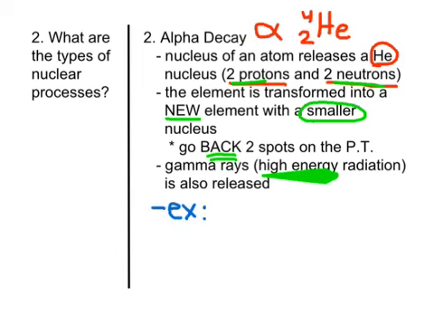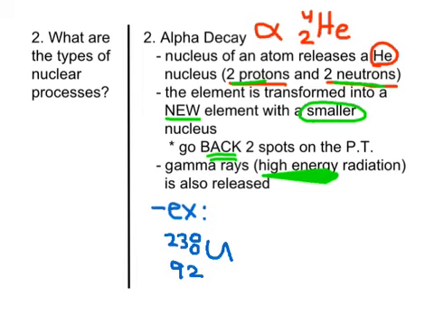So let's take a look at an example of an alpha decay nuclear reaction. Let's do uranium-238. That's a very popular one in nuclear processes, in nuclear power plants and such. So we've got uranium U, the mass is 238, and the number of protons is 92. So that's what we start out with.